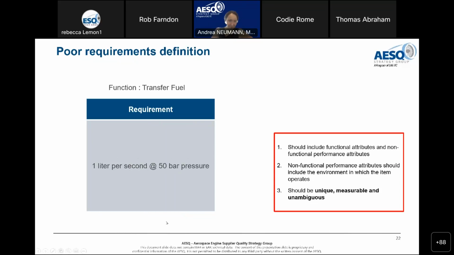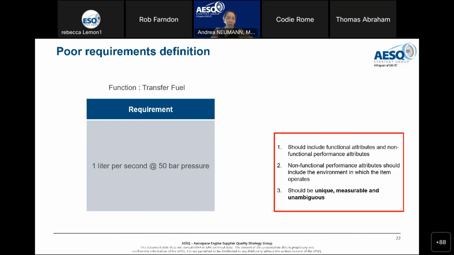Yeah. So this could be a requirement. So just write there really the requirement, what the item should cope with or should do with respect to the function. So the idea is that the requirement should include functional attributes and also non-functional performance attributes.